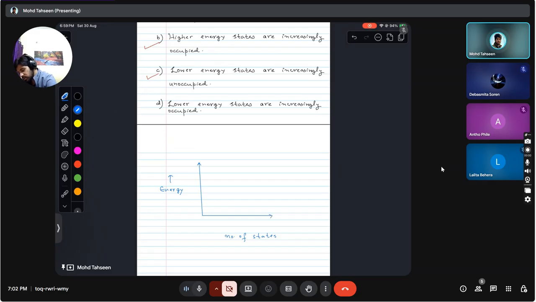And the distribution looked something like this. So for some temperature, this is the temperature T1, and let me use another color for temperature T2.